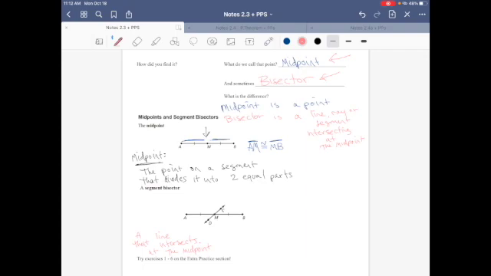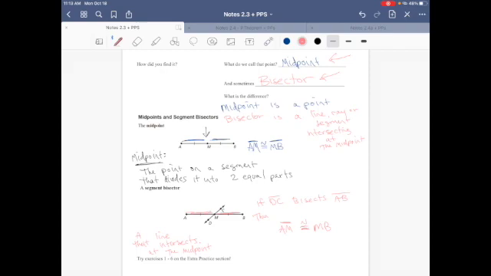So if DC is a bisector, if DC bisects AB, then we know that AM, this distance here from A to M, is going to be congruent to the distance from M to B.